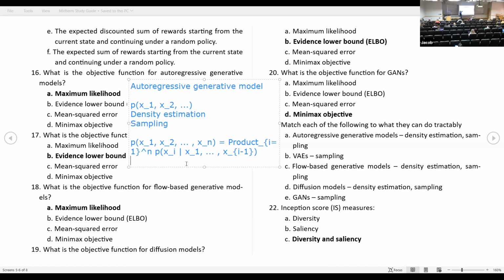The product rule says the joint probability of how are you is the probability of how, times the probability of are given how, times the probability of you given are and how. So basically the probability of each successive item conditioned on the things coming before it.